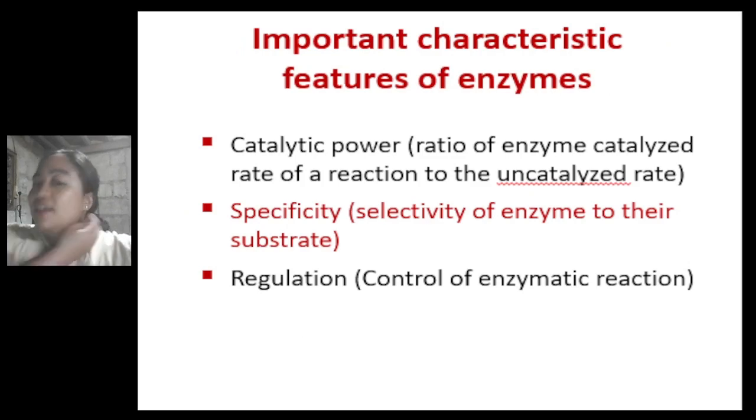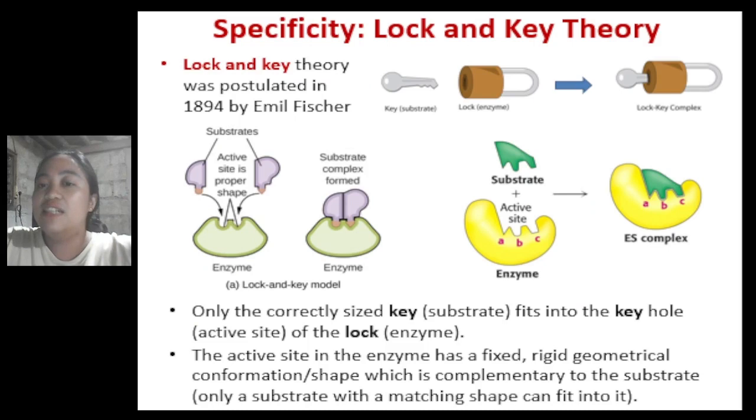The next one is its specificity. So this is the selectivity of enzyme to their substrate. So we have a theory or a model here that deals with the specificity of the enzyme. So first is the lock and key theory. This is postulated by Emil Fischer in 1894.